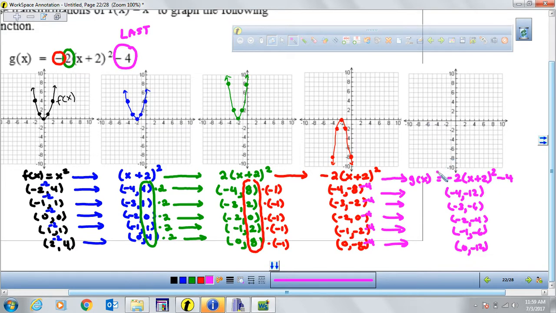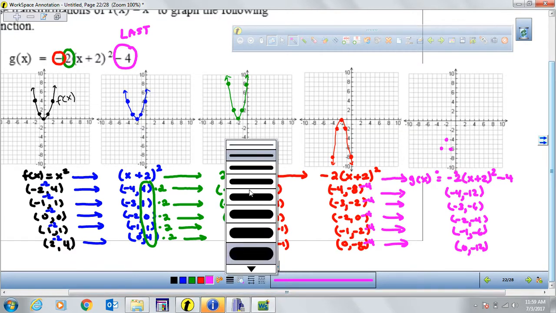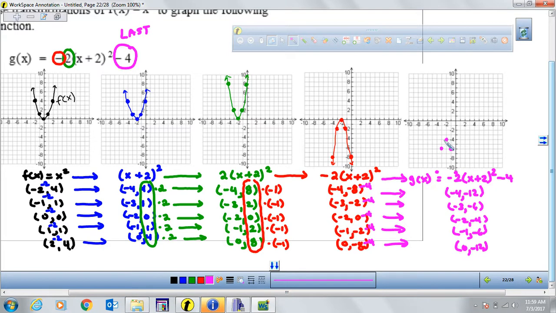Let's say it is here. -3 comma -6 is right here. -2 comma -4 is right here. -1 comma -6, and 0, -12 we're going to say is out here. And this is going to be my final graph for this function. So this is the graph of g of x.